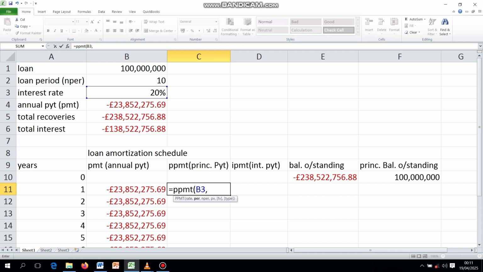I put a comma. Then there comes this PER. This is the period in which you are in. It's the current period. It is different from this one, NPER, because NPER is the period for all years, for the whole period. But this one is for the current period.